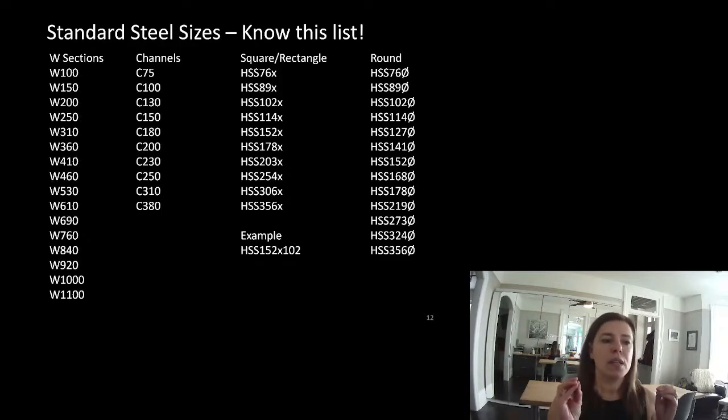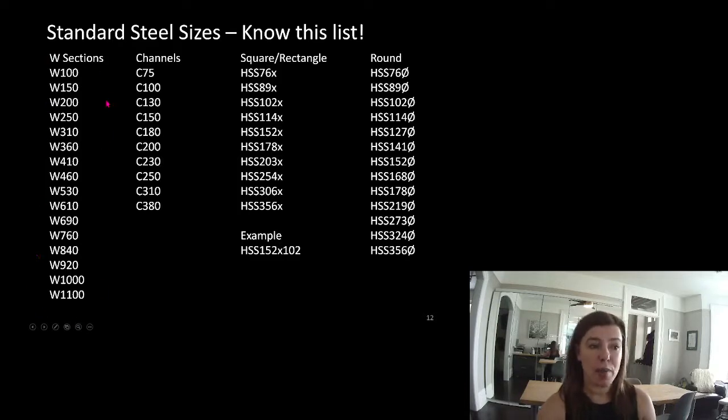Okay, so you should know this list of things. These are the typical steel sizes that exist for different things. We have W sections, we have channels, we have our square and rectangular HSSs, and we have round HSSs. Now there are elliptical HSSs, but we don't really use those that often.